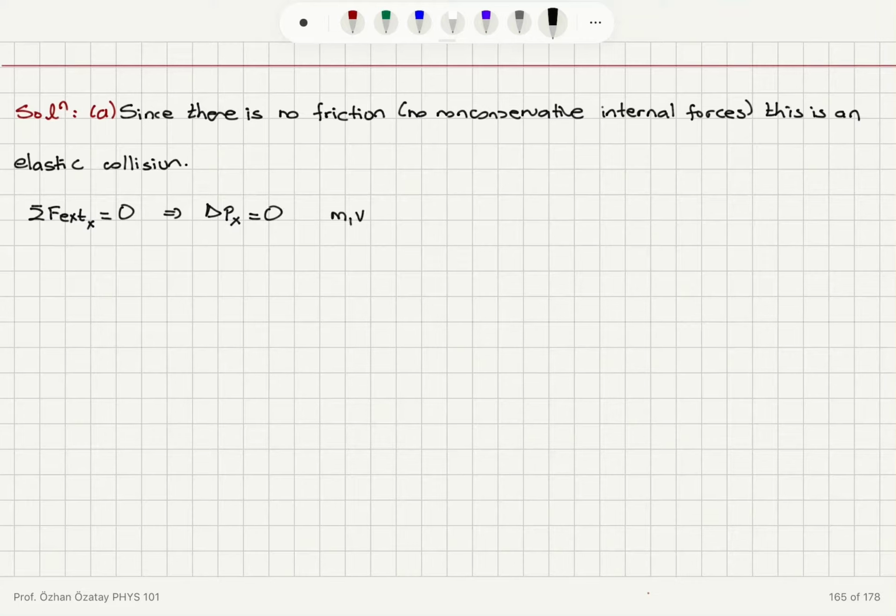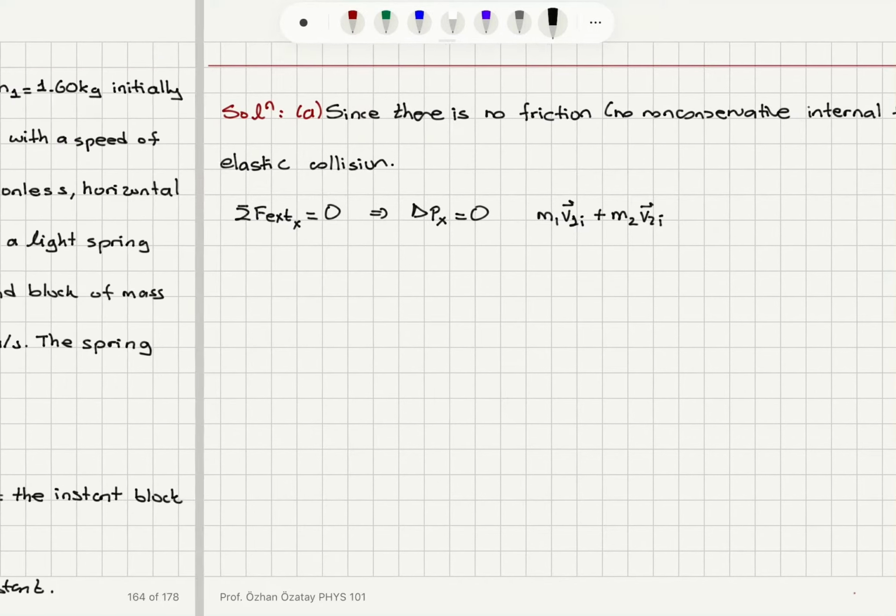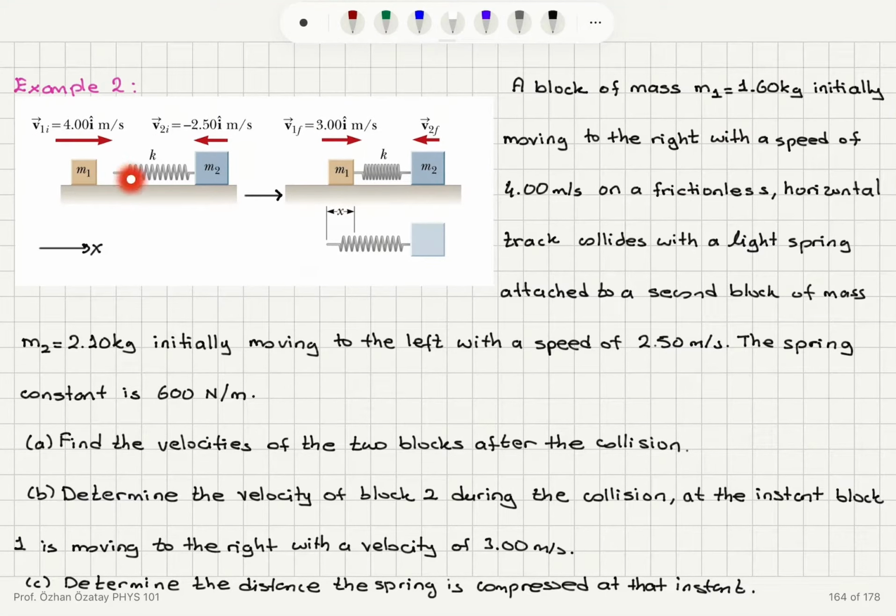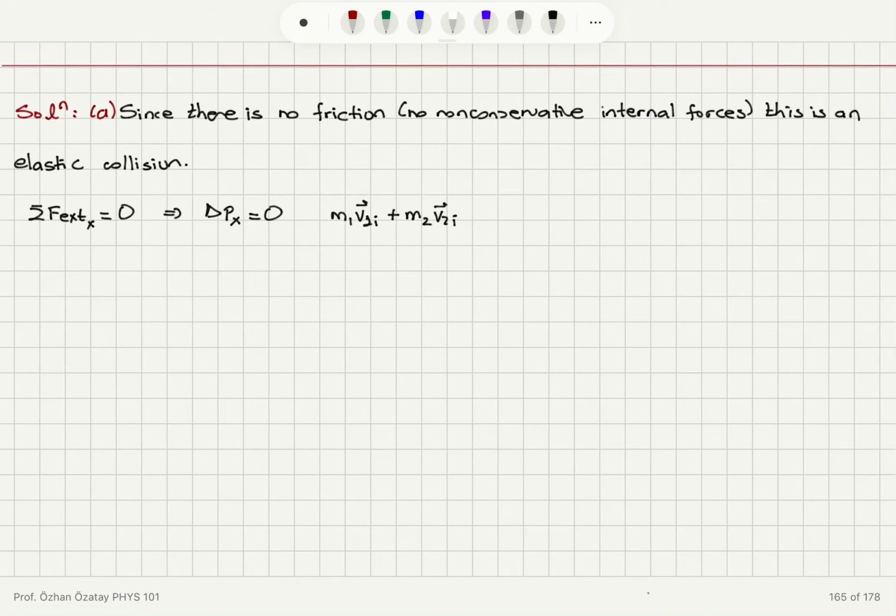So m1 v1 initial plus m2 v2 initial, the initial momentum of the system, must be equal to m1 v1 final plus m2 v2 final after the collision process.